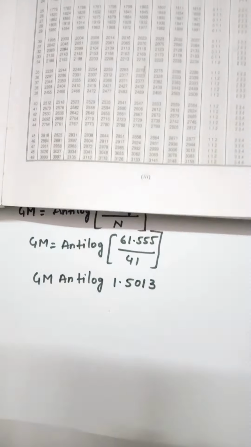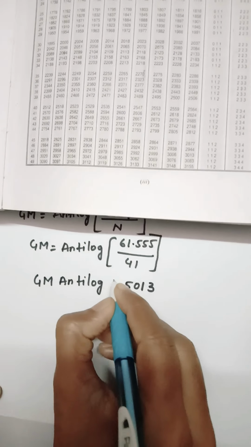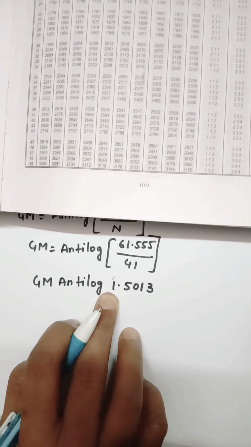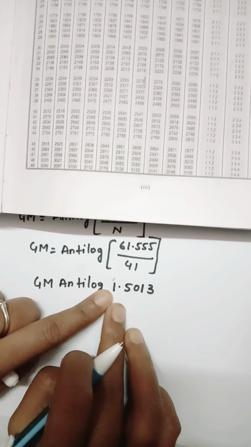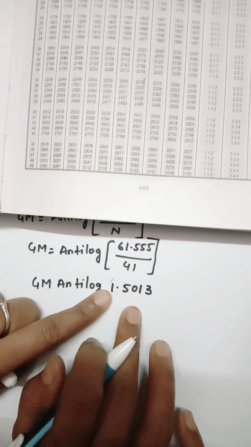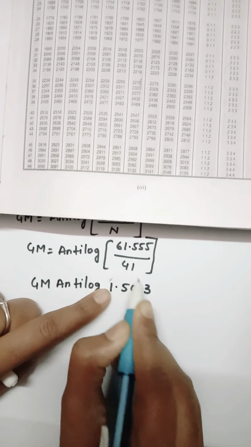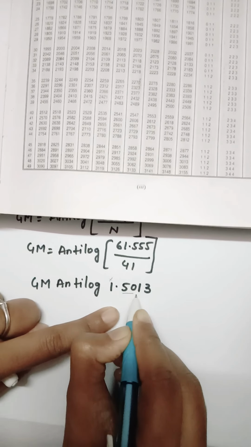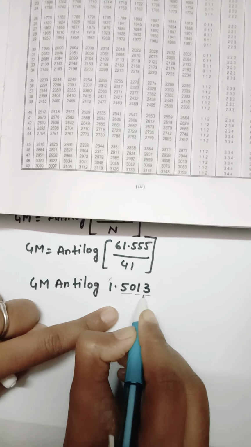So take out the antilog table. How do we read this value? We should not consider the digit before the decimal point in the antilog. We consider only the digits after the decimal point. That is 50 at 1, mean difference 3.